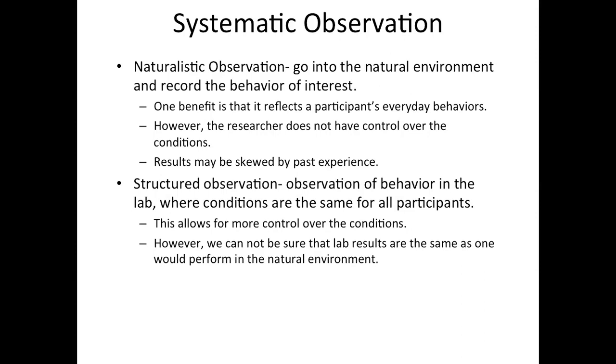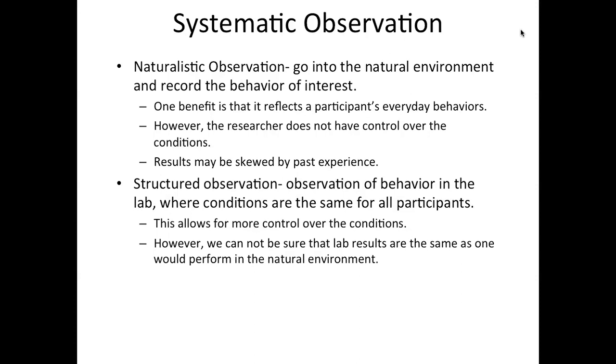So that's naturalistic observation. Because it's an observational strategy, we are not trying to alter behavior in any way. We're just trying to observe the behavior as it naturally occurs.